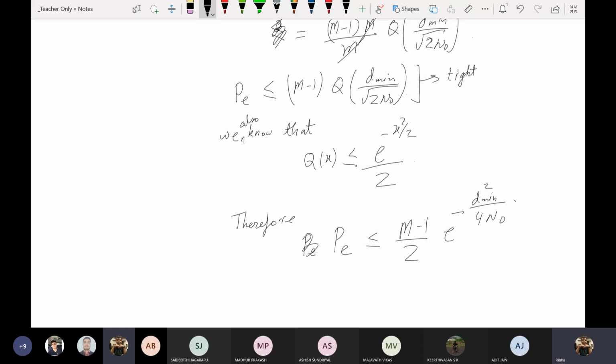I would say that a chain is only as strong as its weakest link, right? So a communication system is only as good as its worst probability of error.